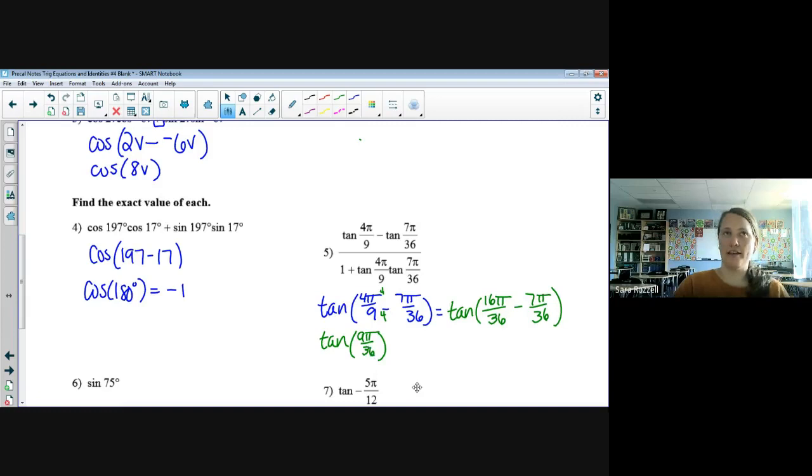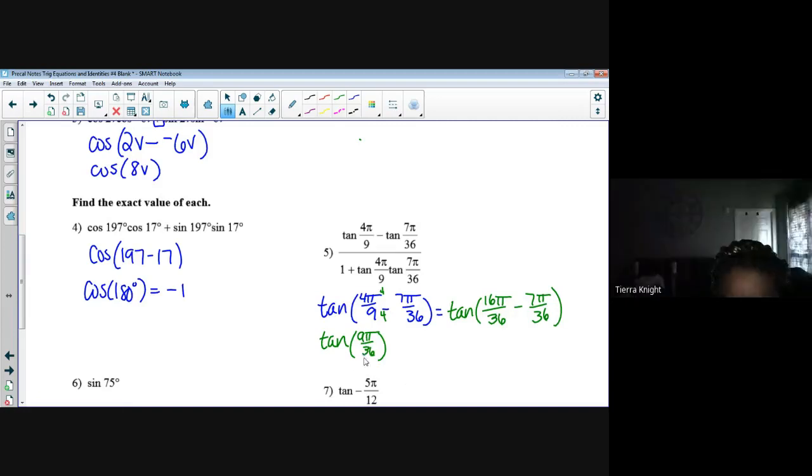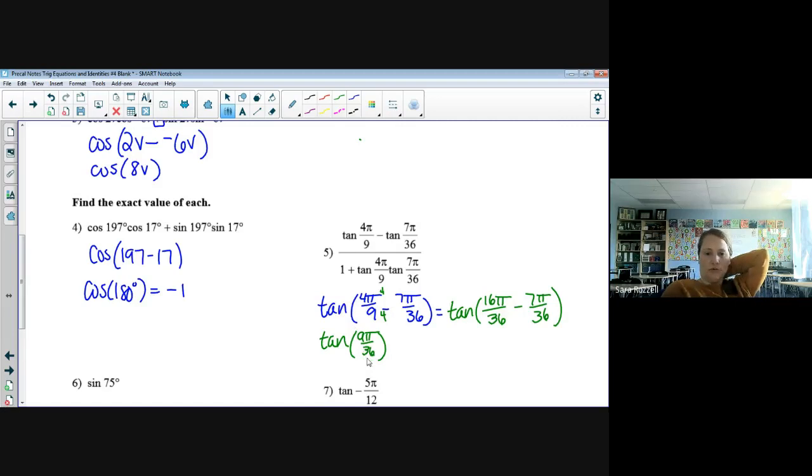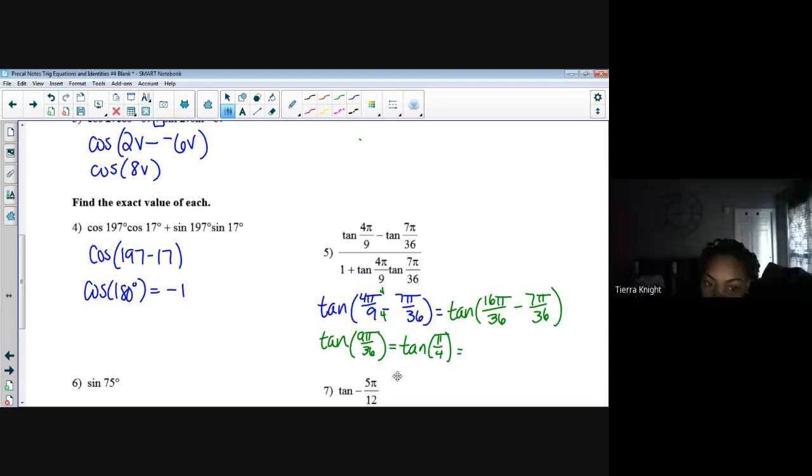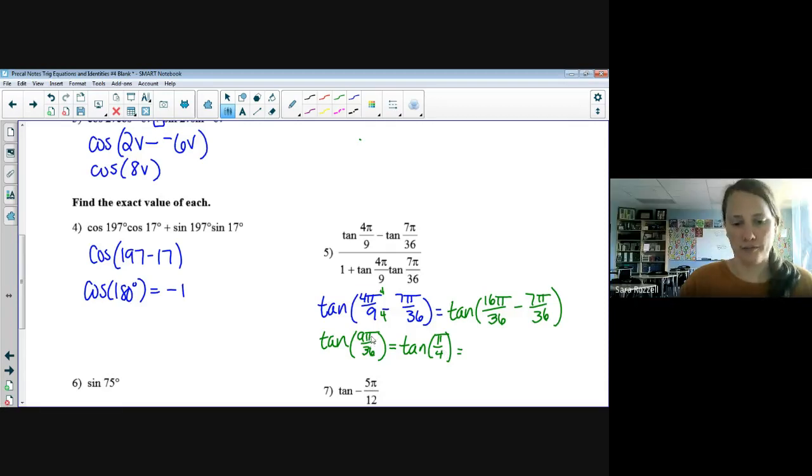And we simplify that. 9 over 36 is a fourth, right? 1/4. So we're looking for tangent of pi over 4. Why did you use pi instead of 1? Because there's a pi in the problem. Oh, okay. With it the whole time, yeah. So we have to keep that pi with it.